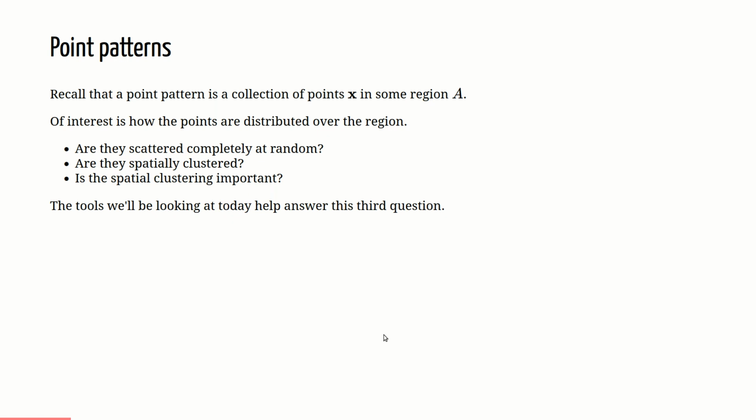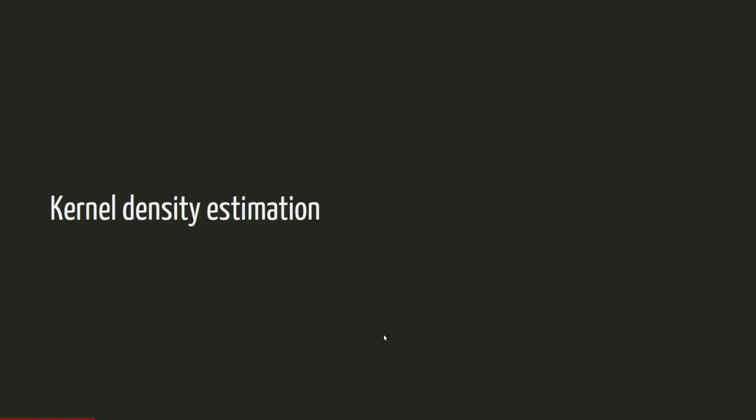So for example, if you have an infectious disease, such as COVID, you wouldn't expect those locations to follow an inhomogeneous Poisson process, because of course if someone has it at a location, it's likely that all of the people around them are probably going to get it too. So your points are all going to be clustered because there was a case of disease there, not because of some underlying trend.